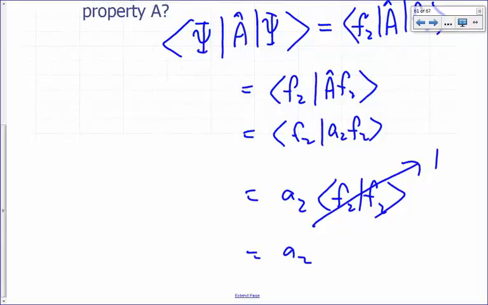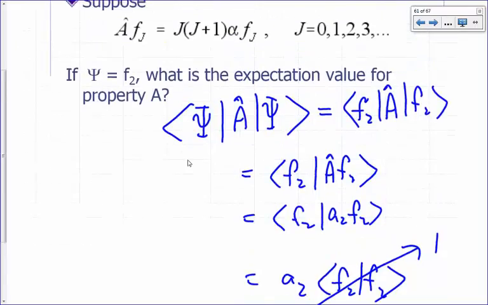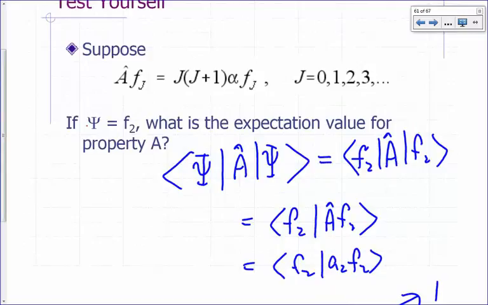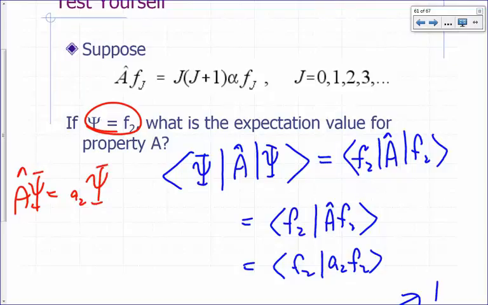So we say property A is well defined, so it has a definite value. If psi happens to be an eigenfunction of A, what we're saying here is that if I do A hat psi, I'm going to get A2 times psi, because psi is F2.